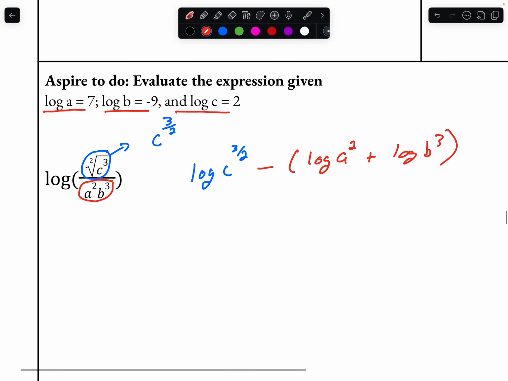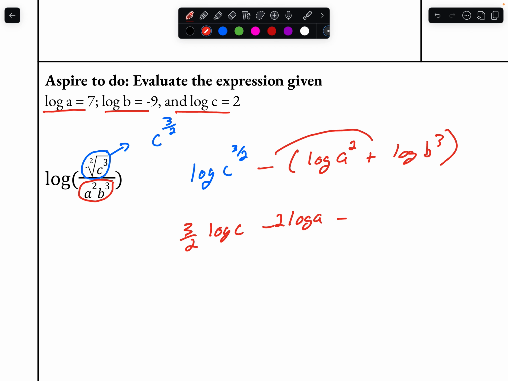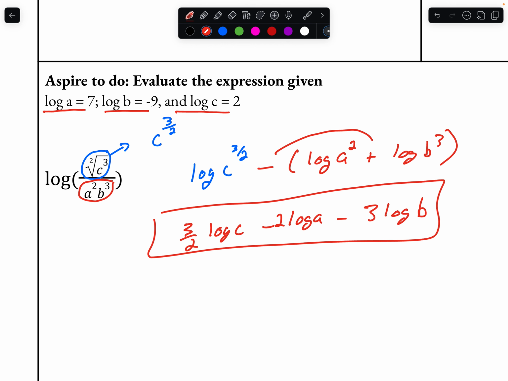And now I'm going to move it down to the front. So I'm going to say 3/2 log base c minus 2 log of a, and then this just gets distributed in here, minus 3 log of b. And then there you go for the last one.